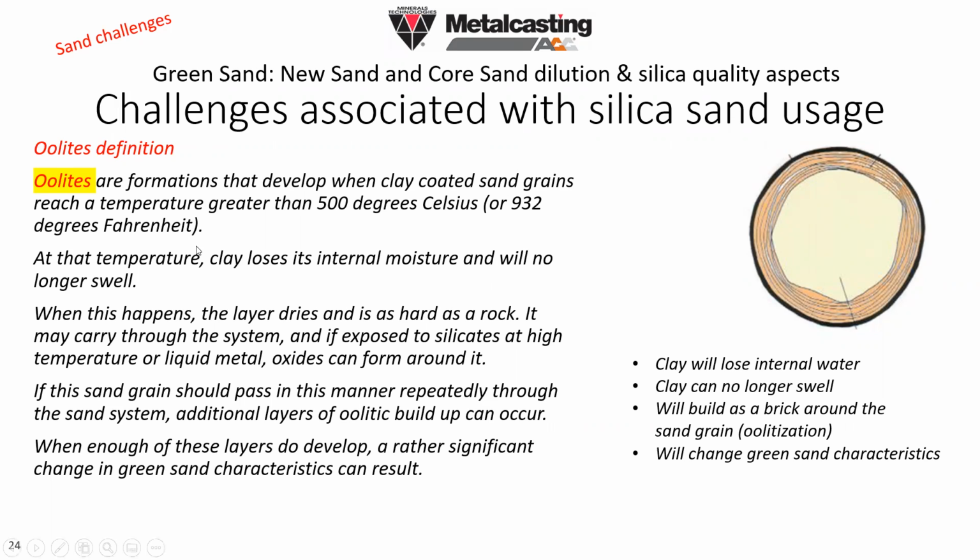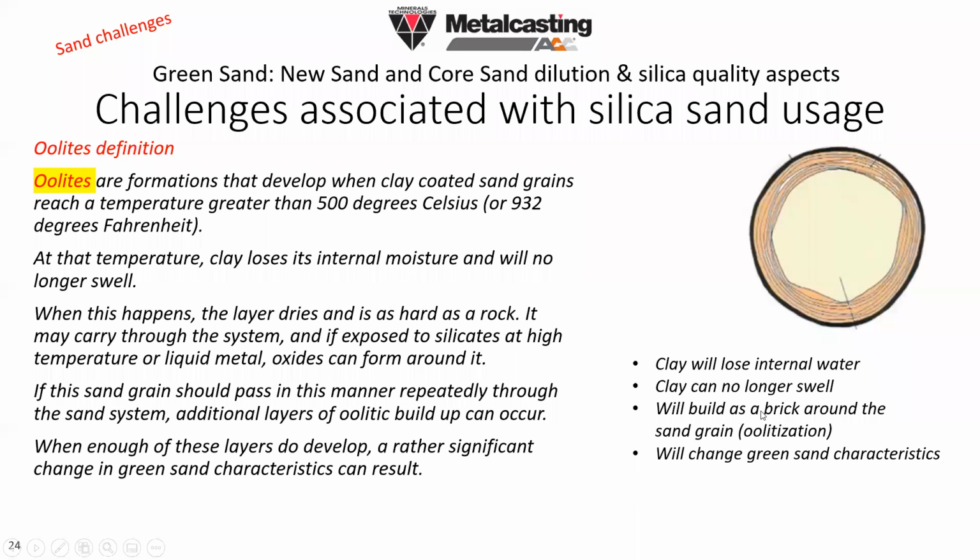Above 500 degrees Celsius, so about 900 degrees Fahrenheit, the clay will lose the internal water, and the clay can no longer swell. It's like a definitive transformation from clay to brick.